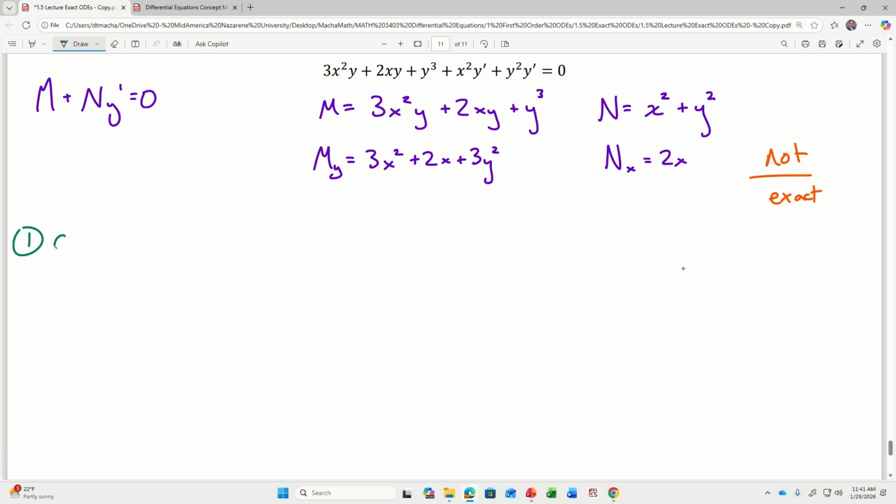Number one, let's check to see if mu is a function of x only. Maybe there's an integrating factor that exists as a function of x only. And that would require that My minus Nx divided by N is a function of x only.